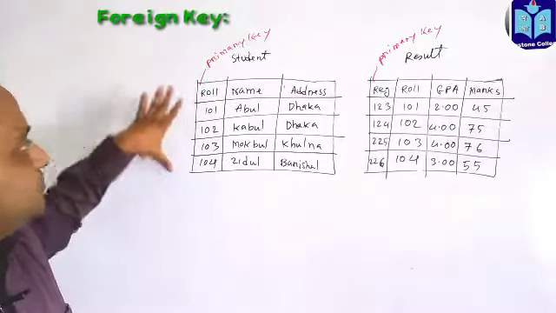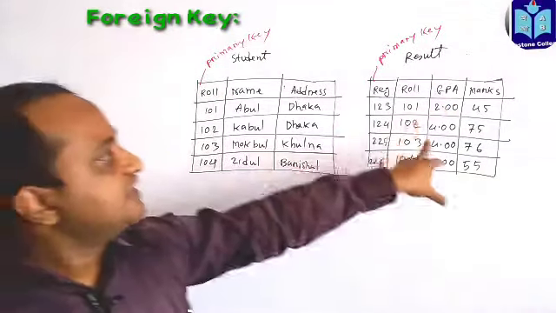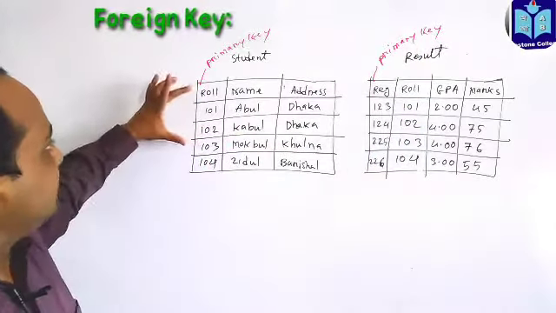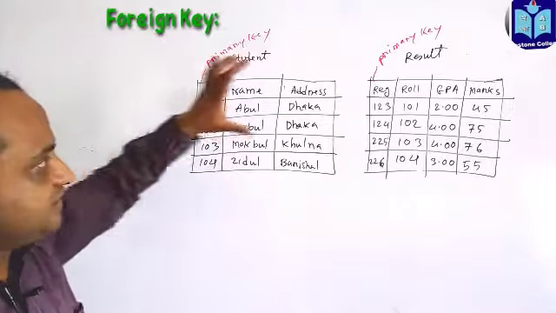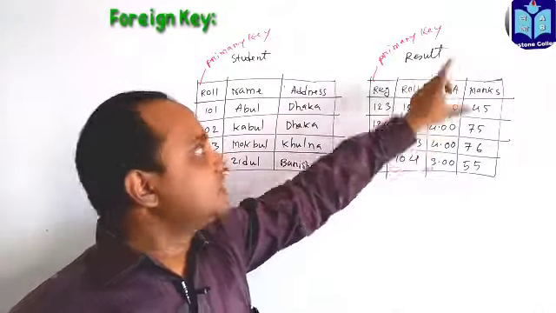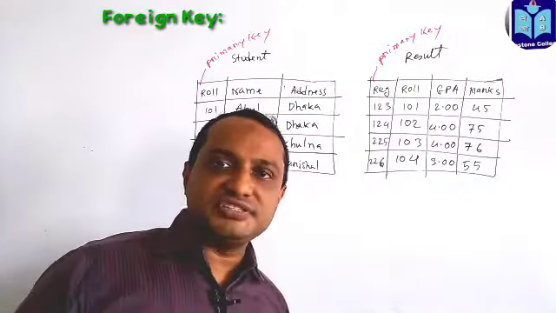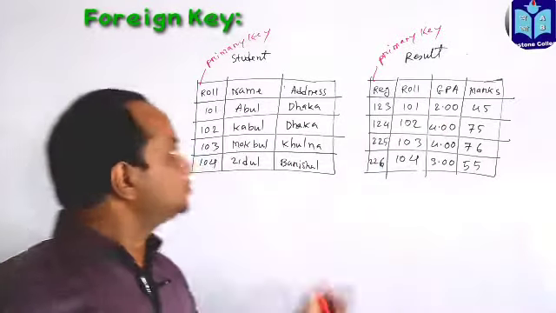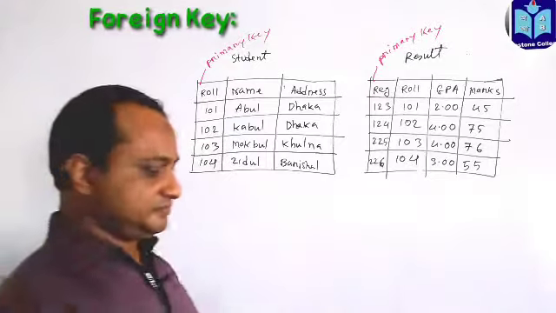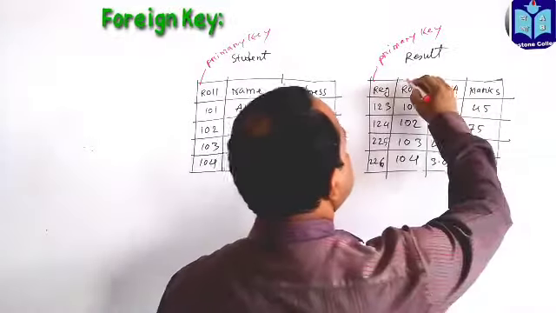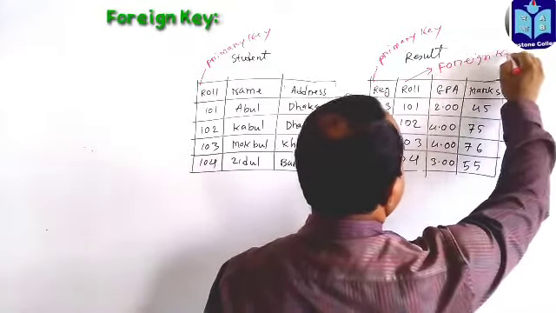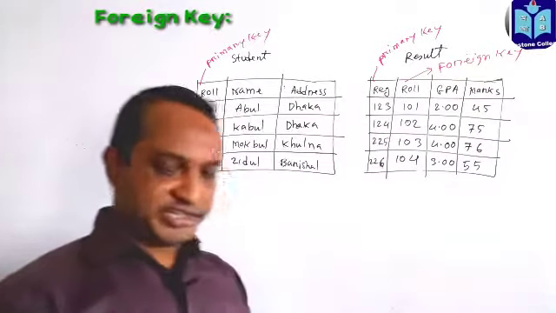In the student table the primary key is roll and the result table's primary key is registration number. But this primary key is used as a general field of this table. For this reason here roll is a foreign key with respect to the student table. This is a foreign key.